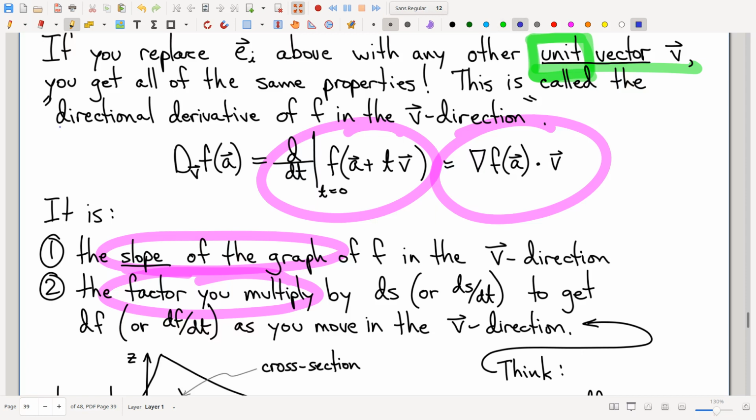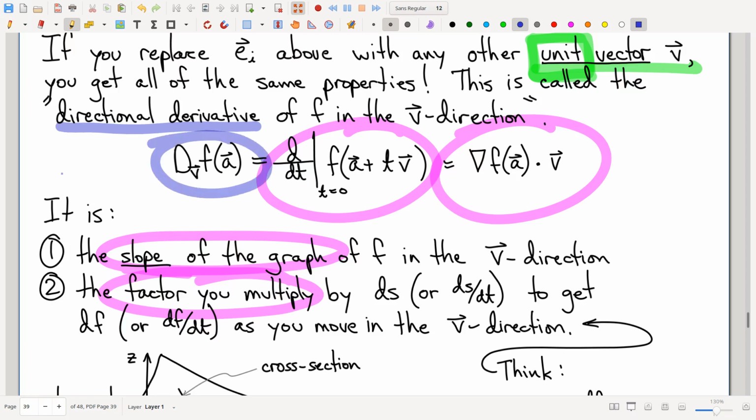The term is directional derivative. Directional derivative is just basically a substitute for the idea that I'm going to take a partial derivative in a direction that could have been just as well one of my coordinate directions. So directional derivative means effectively partial derivative, just in a different direction.